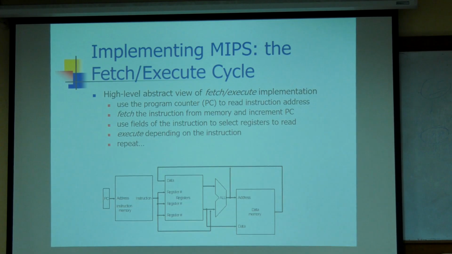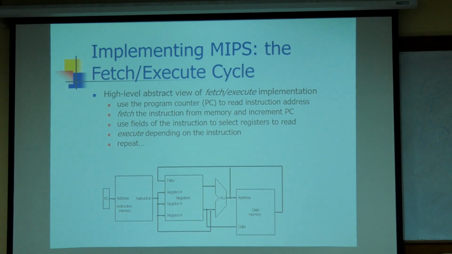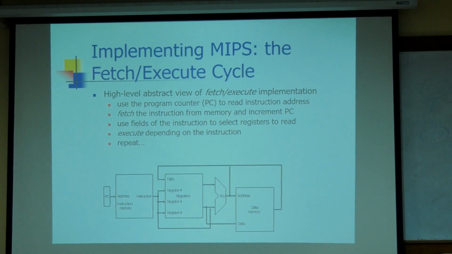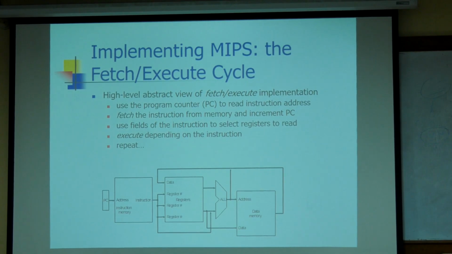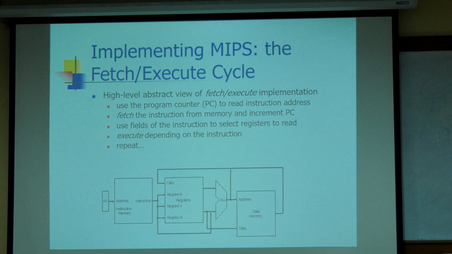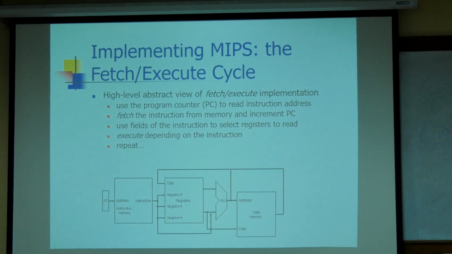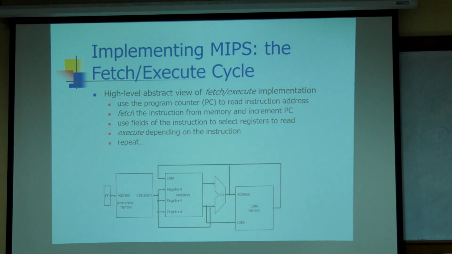Then the registers I told you: 32 registers, each of 32 bits. Then followed by the ALU, arithmetic logic unit. Then data memory, where the partial results and data are going to be stored. These are the main components used in this processor design architecture.